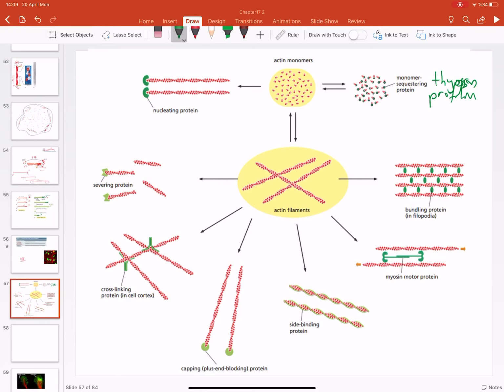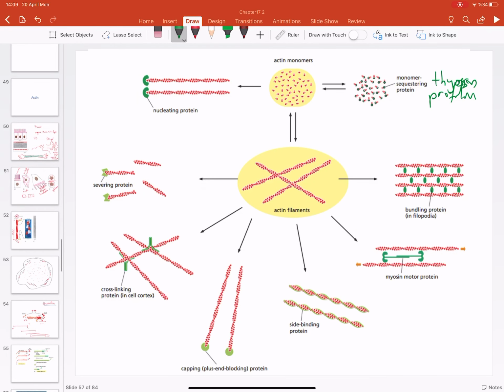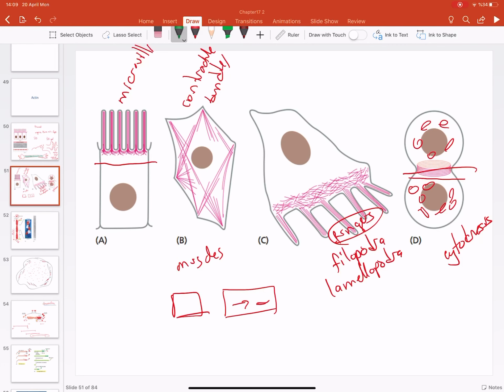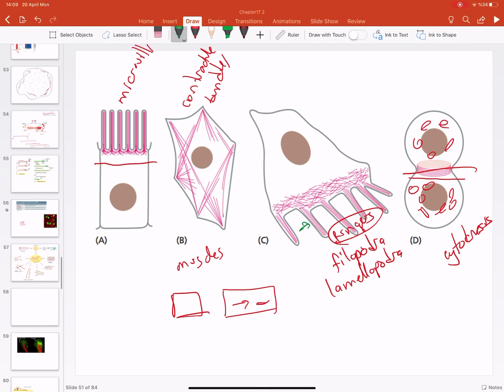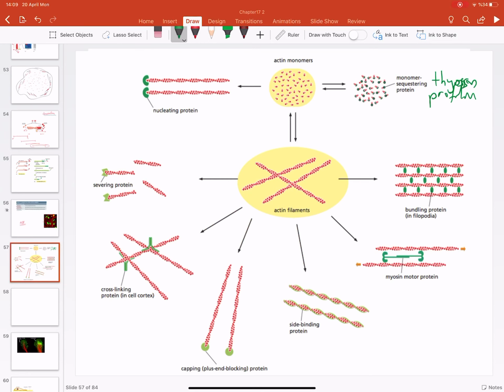So the monomeric-polymeric actin balance will shift to the monomeric one. Maybe the cell is going to create filopodia or lamellipodia soon. Remember these structures. It needs them in lamellipodia and filopodia, so it needs to increase the store of monomeric actin. Maybe it's using it for them, or maybe it doesn't want to spend energy. There can be many reasons for this.